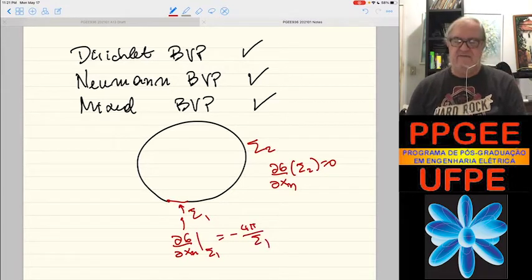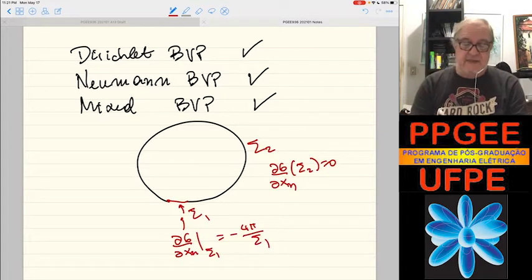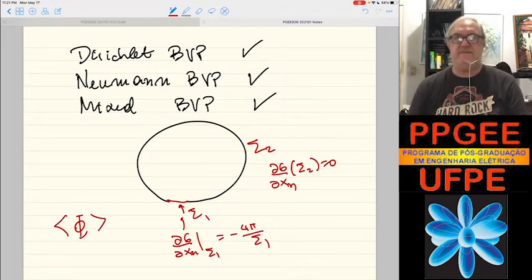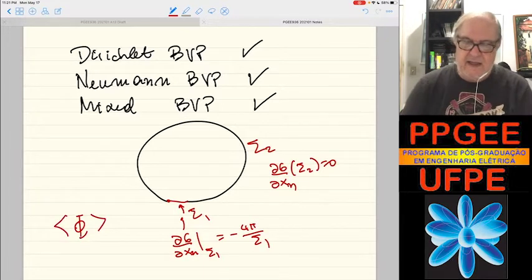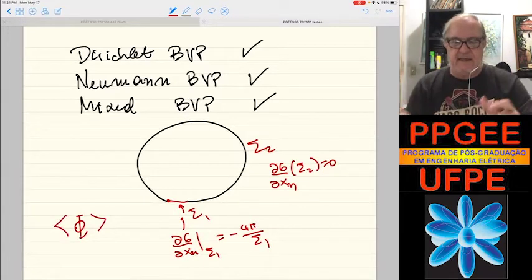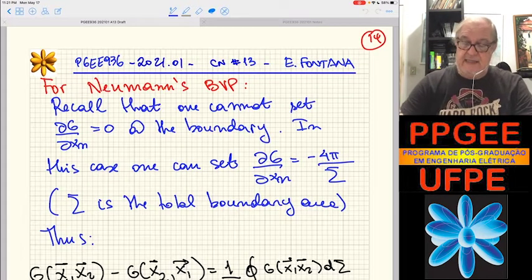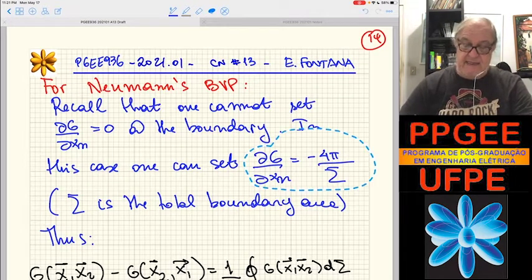Okay? If I do this, the potential is going to have an extra term, which is going to be an average value. Can do that too. Okay? But let's assume that I picked a constant normal derivative, and I choose that.